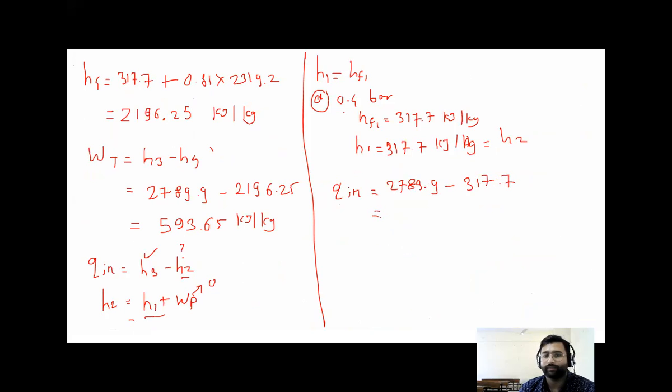Calculate this. It is 2472.2 kilojoule per kg. Now calculate the thermal efficiency: 593.65 divided by 2472.2. Calculate.